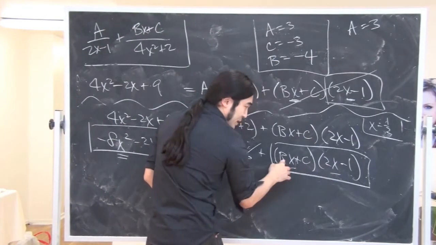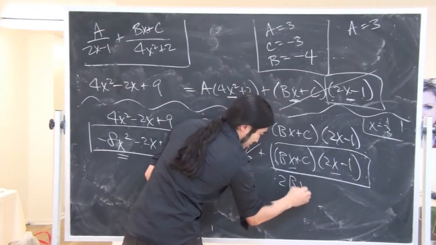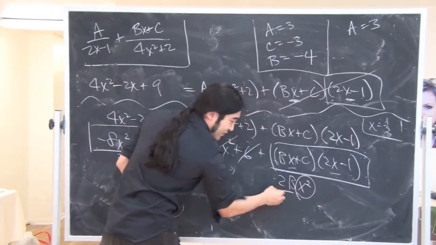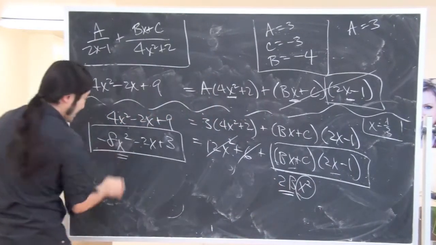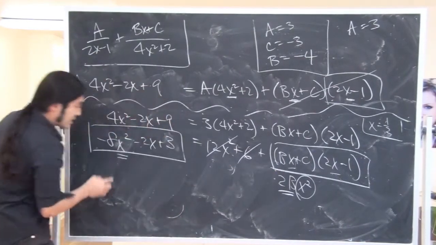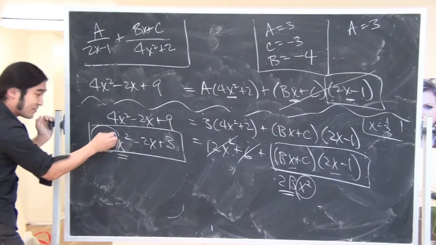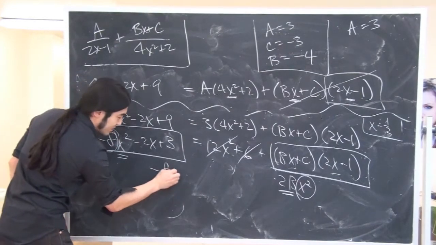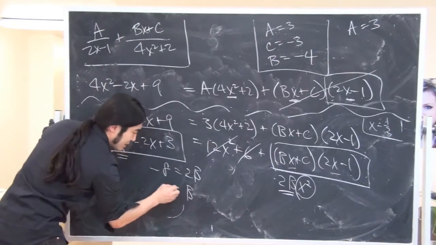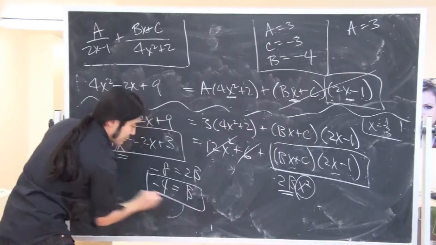That would be 2bx squared. And I can do that comparison right away. The coefficient in front of x squared is 2b over here, and over here, x squared has negative 8 in front. So negative 8 must be equal to 2b. Same reasoning as before, so b must be negative 4.